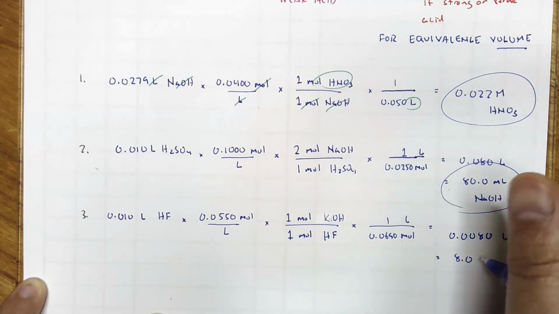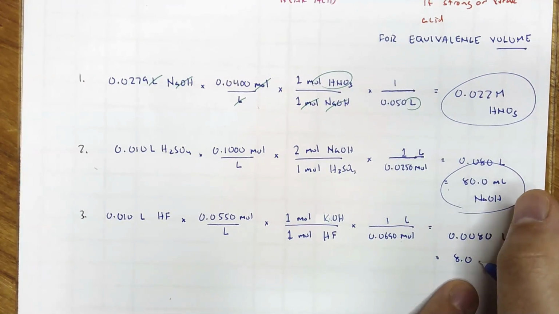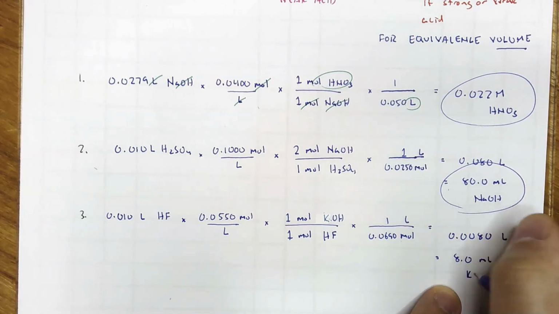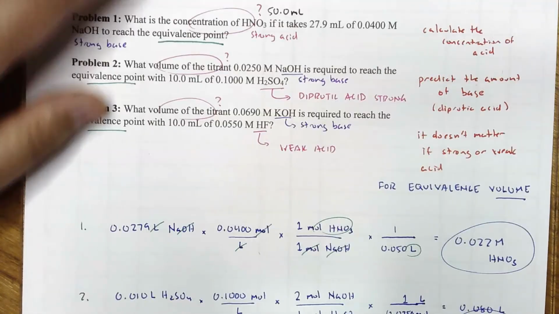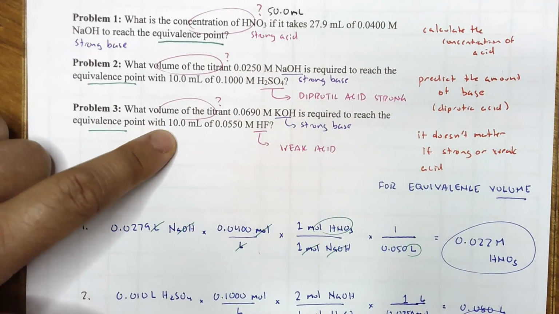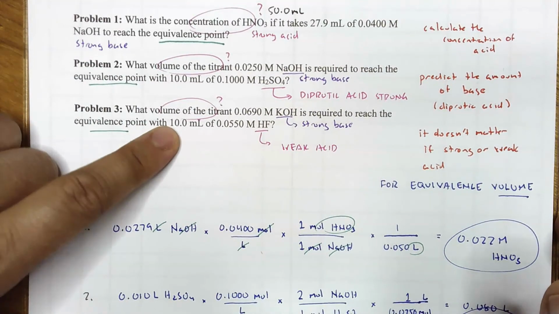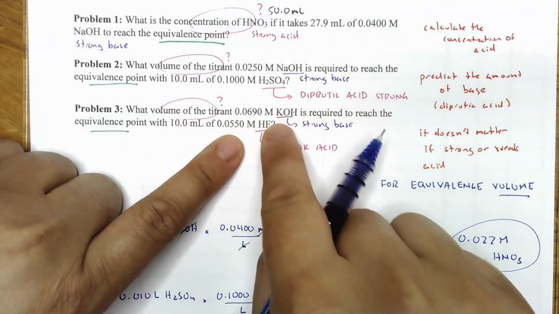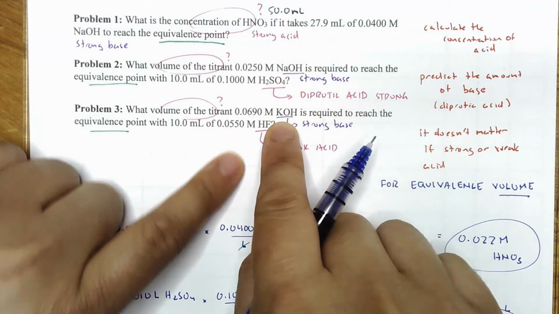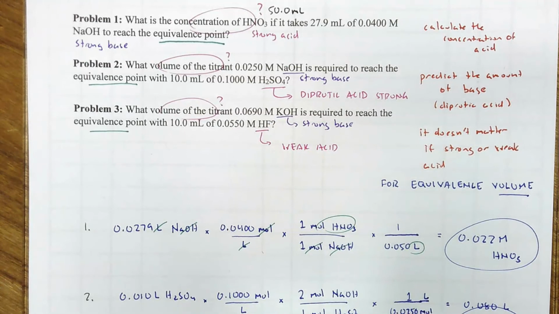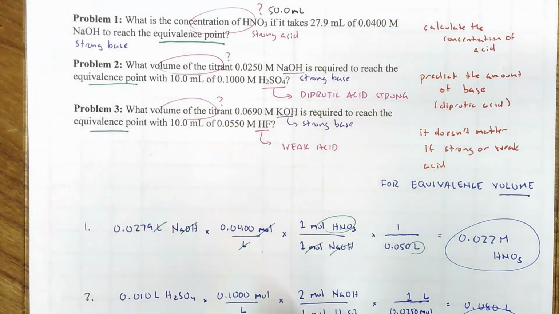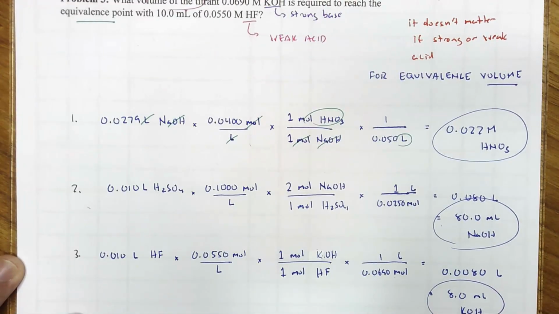That is, again, coincidence. I'm not sure. I picked these numbers randomly, so I'm not sure how it turned out to be that way. 8.0 milliliters. Now, let's take a look here. We have 10 milliliters of this concentration. The base is a little more concentrated, so it takes a little less base than 10 milliliters to neutralize the HF. I am a little bit freaked out because I made up these numbers 30 minutes ago, and we get 80 and 8.